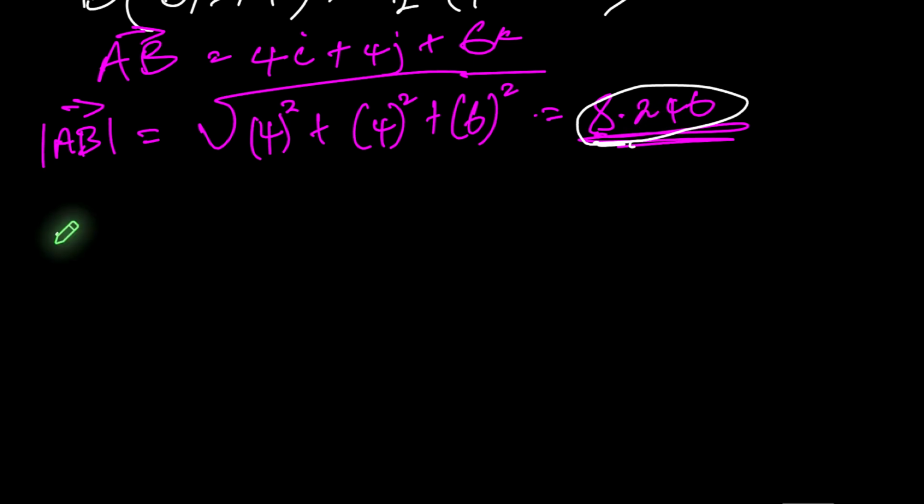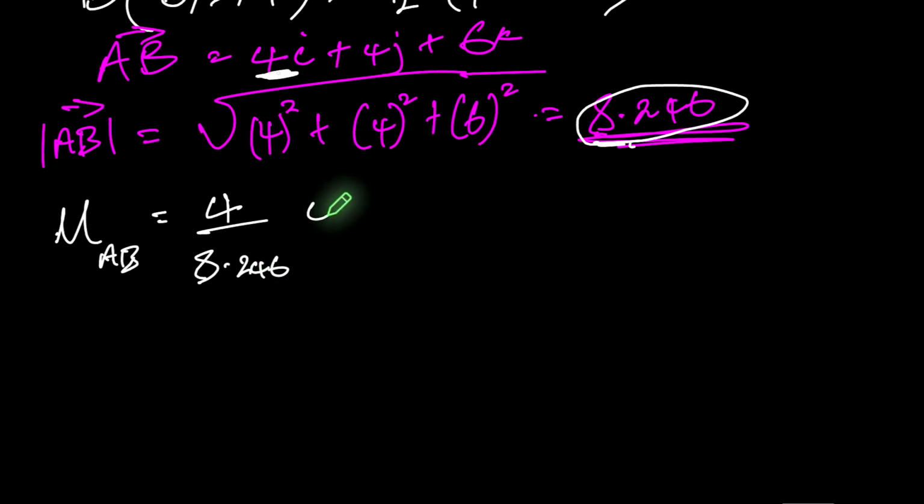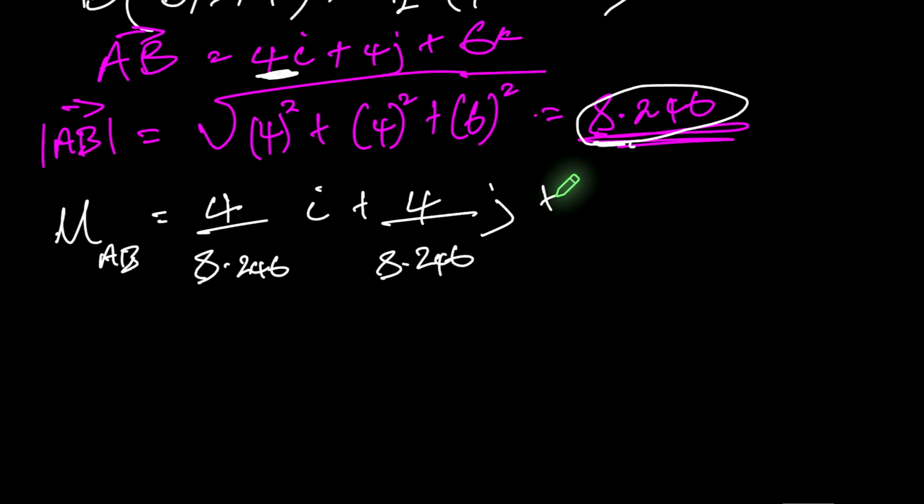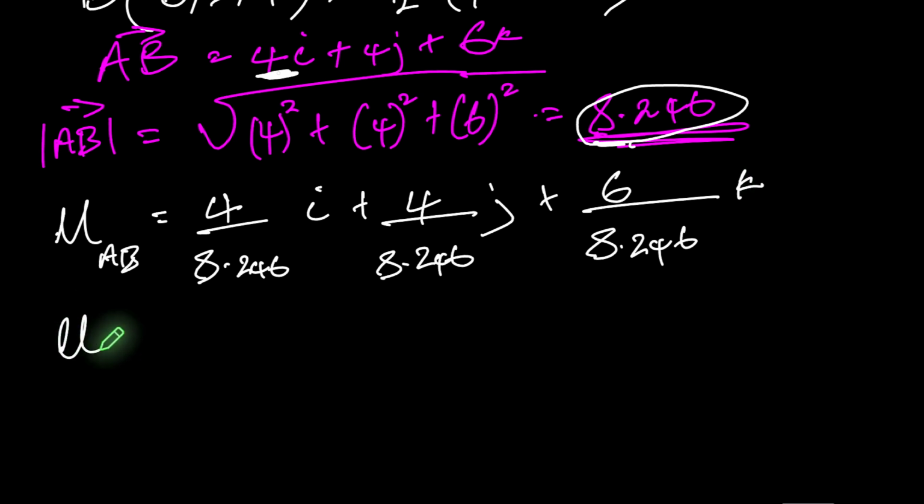I'm just writing this notation that says our unit vector AB should be equal to 4 divided by 8.246i plus, same thing, 4 divided by 8.246j, and plus 6 divided by 8.246k.